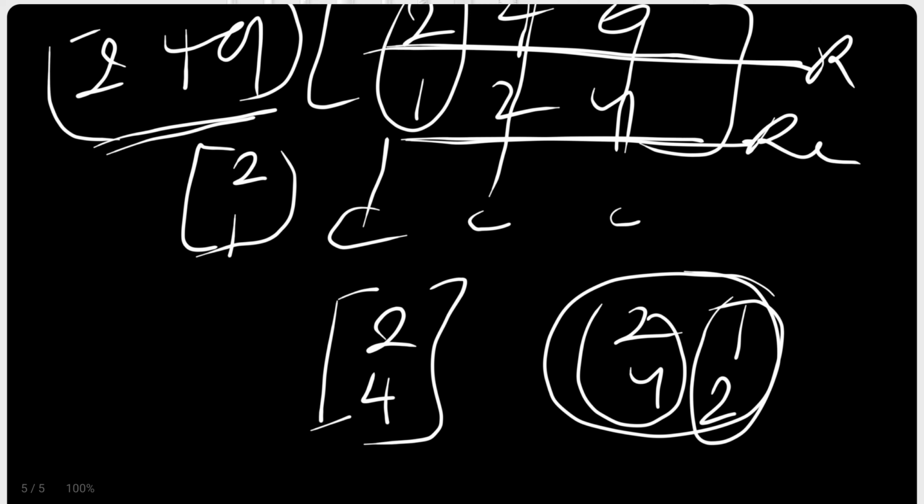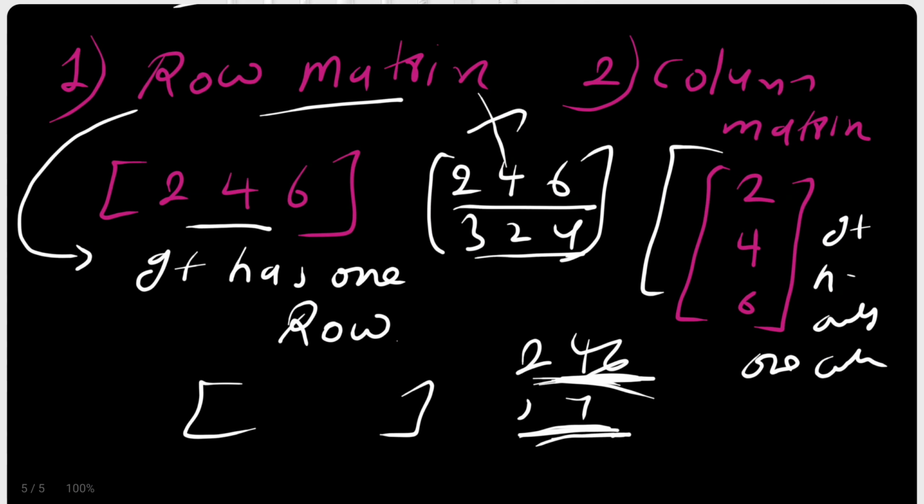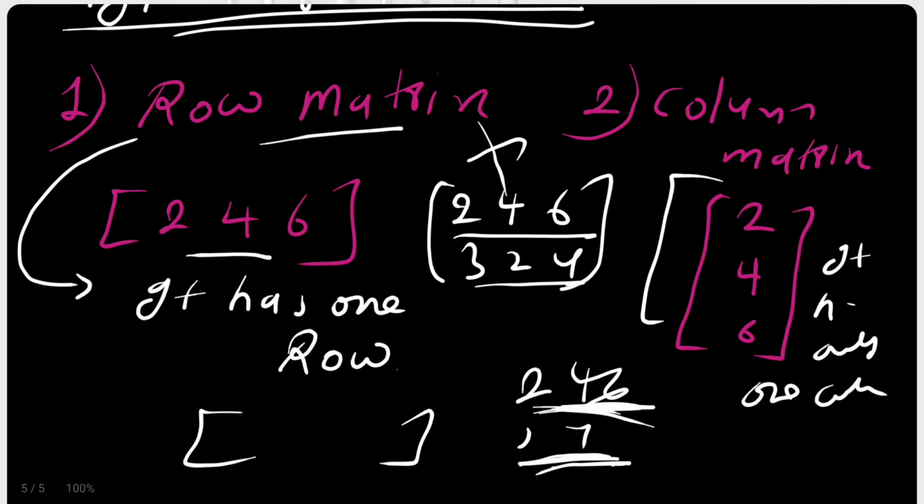Because the rule is that if it has only one row, a single row, it is a row matrix. If it has a single column, then it is our column matrix. Single column matrix, single row matrix.